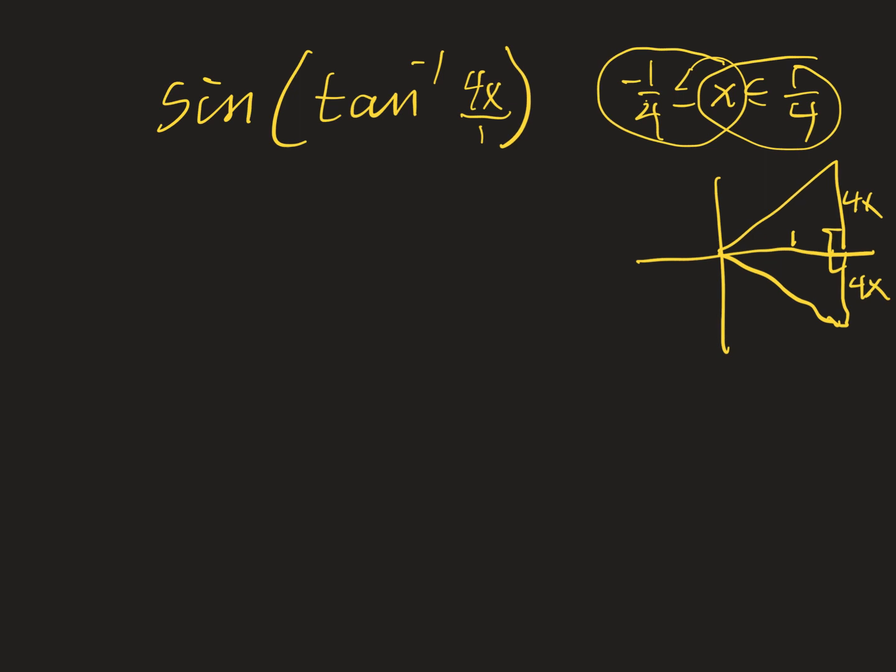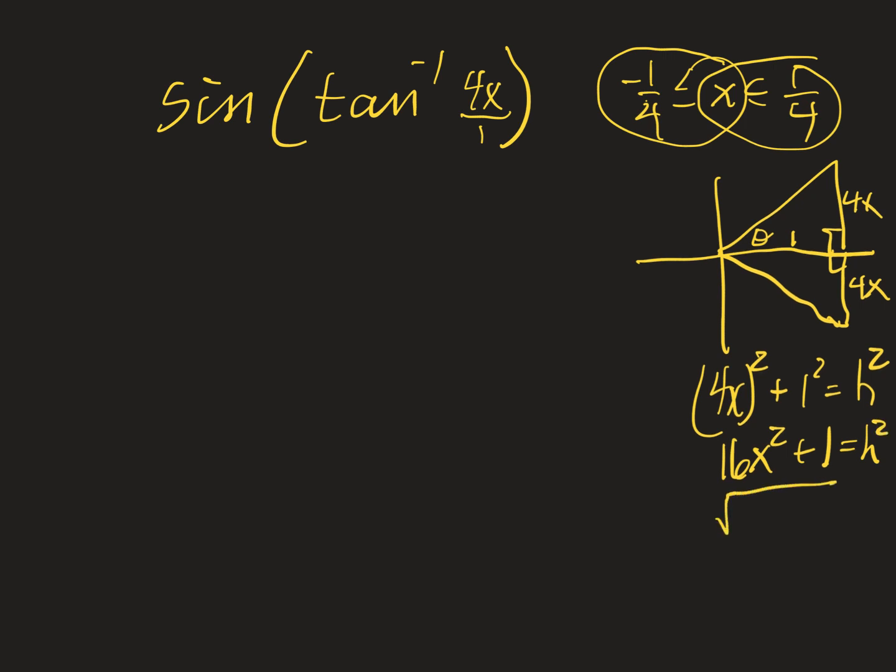Okay? Here's our angle. So, by the Pythagorean theorem, we get 4x quantity squared plus 1 squared equals the hypotenuse squared. So we end up with 16x squared plus 1 equals the hypotenuse squared.